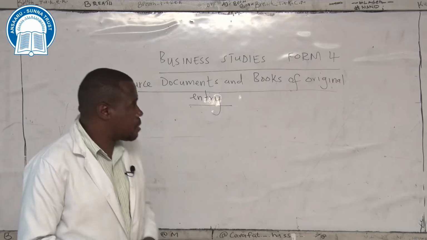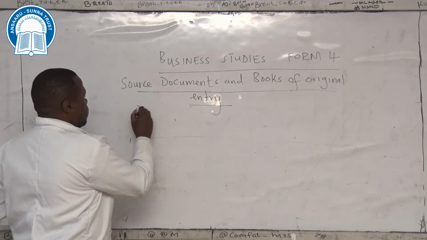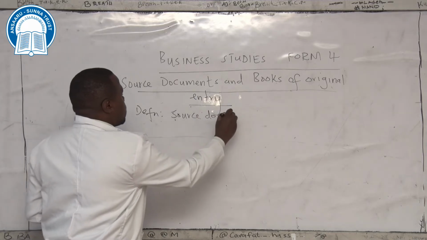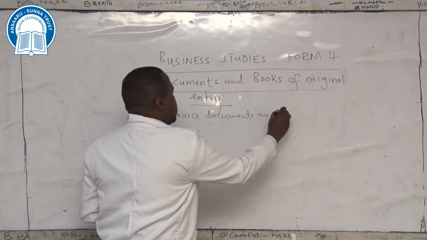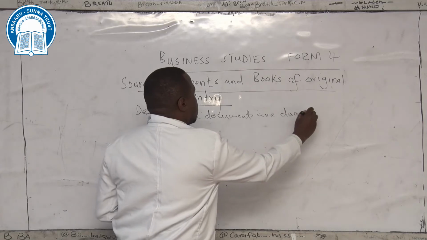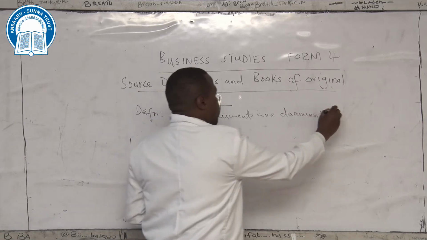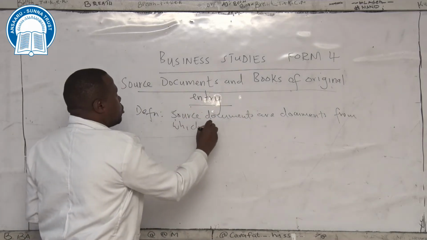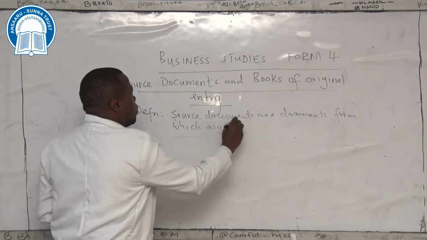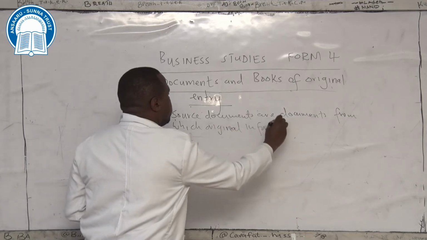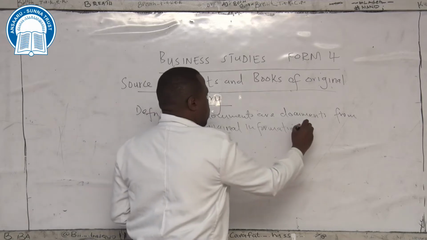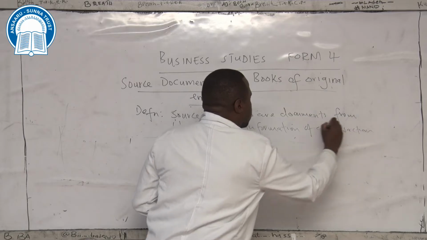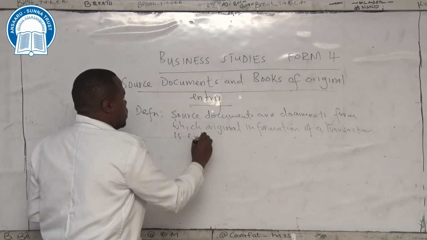So the source documents, so first by definition, you can say source documents are documents from which original information of a transaction is extracted.